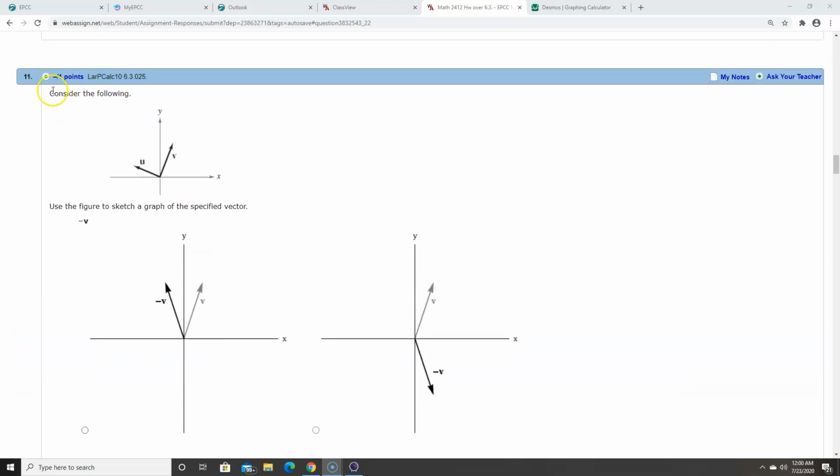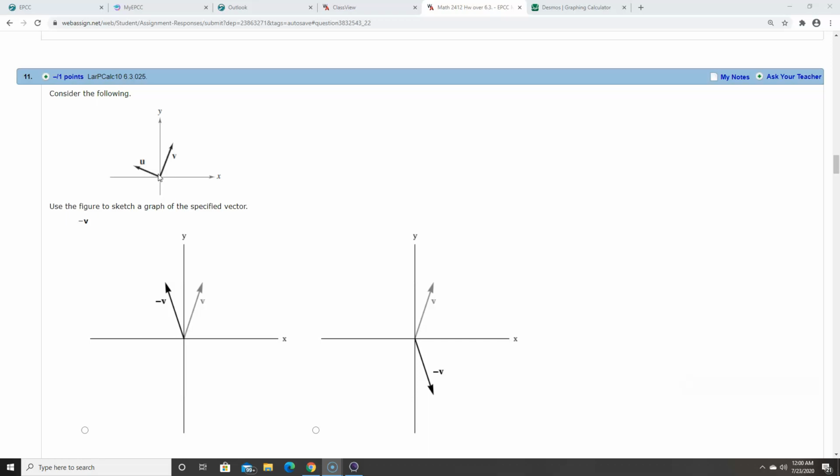Number 11, they give you two vectors whose initial point is at the origin, so these are in standard position already. They don't tell you what they are. They don't give you the component values. They just draw a picture.